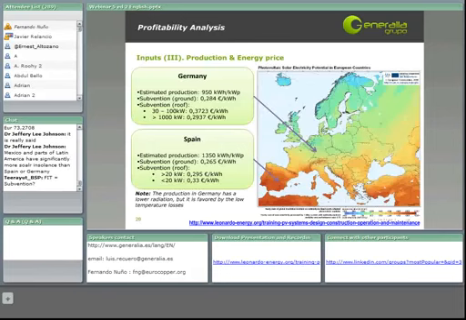Here, I don't know if you can see it properly in this slide, but you have an analysis of the profitability of the first study case. We have done this kind of table for the 5 study cases.